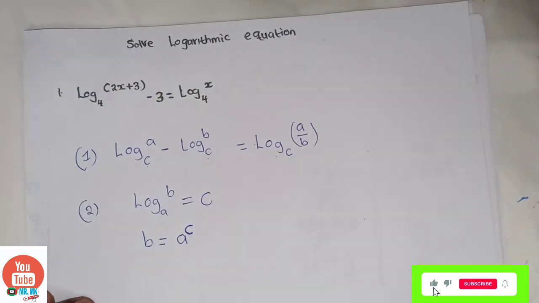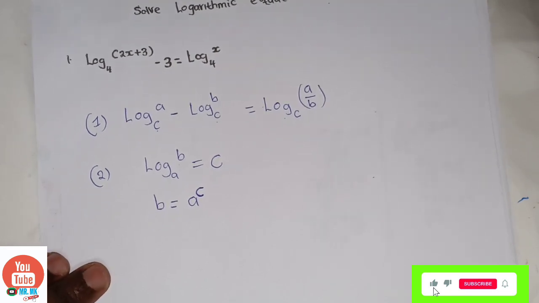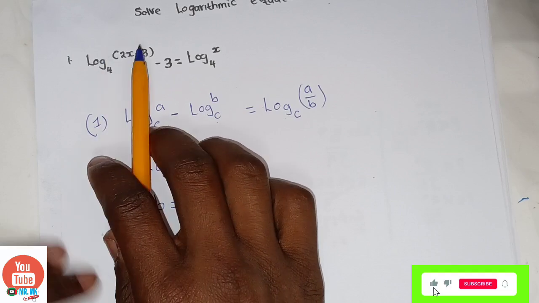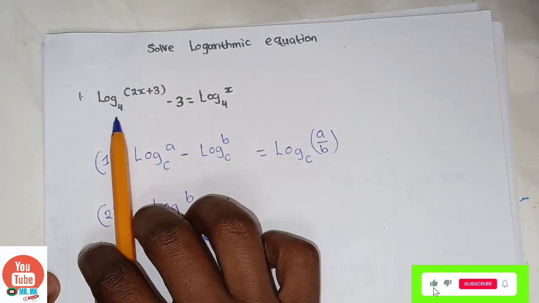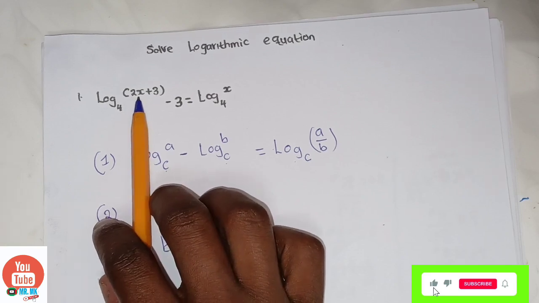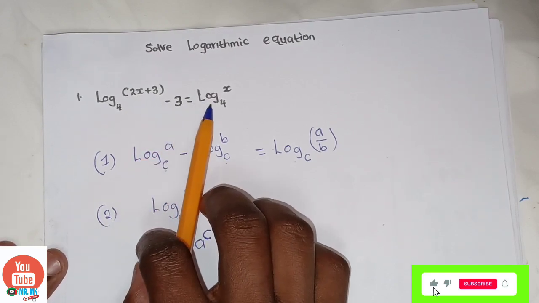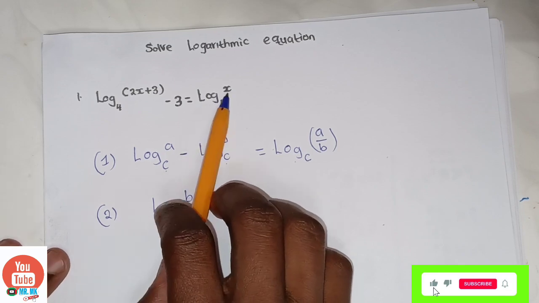Now I think you have understood those two properties. Let's do the question now. The question reads, solve the logarithmic equation log base 4 of (2x + 3) minus 3 is equal to log base 4 of x.